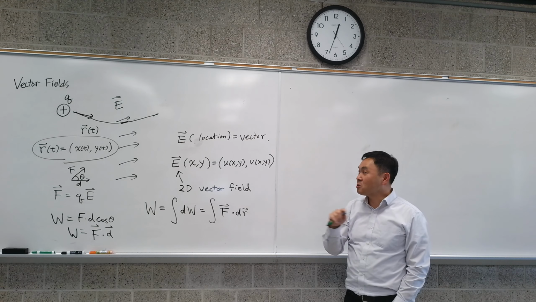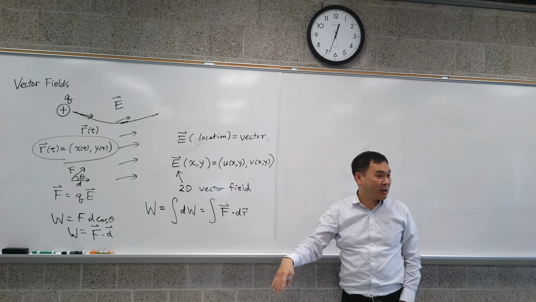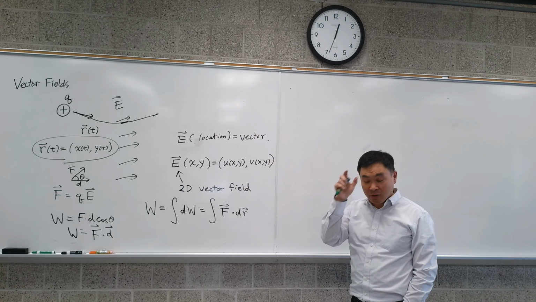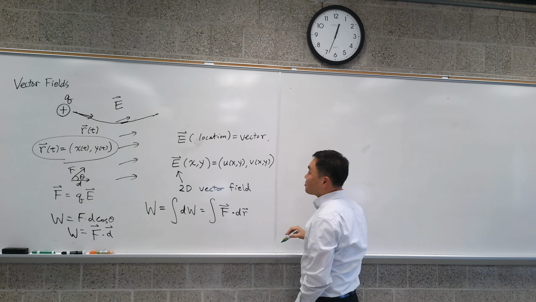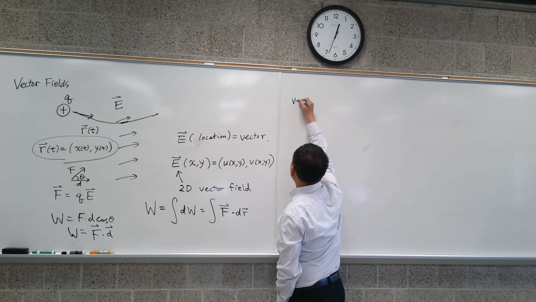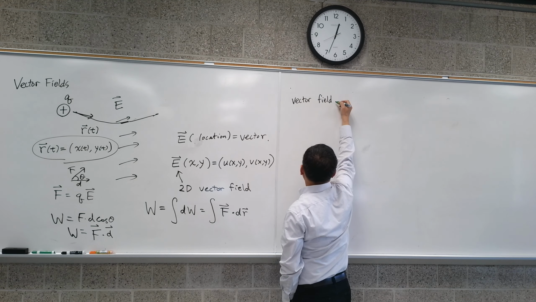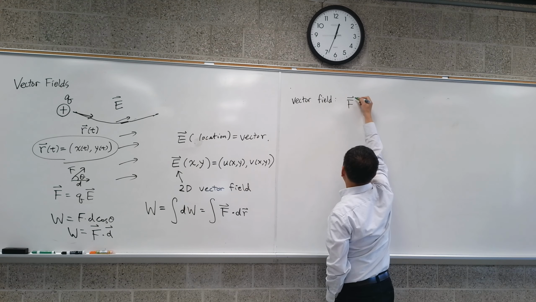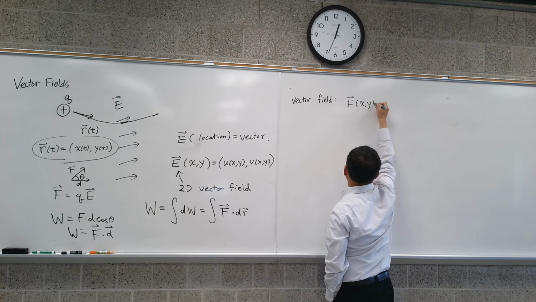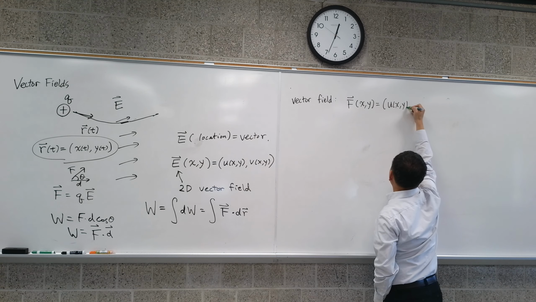So we're going to now forget about the charged particles and electric fields and all that, and just say we have the following things that we are interested in. The first thing is a vector field, which is simply a function which accepts two values and gives you two values back.